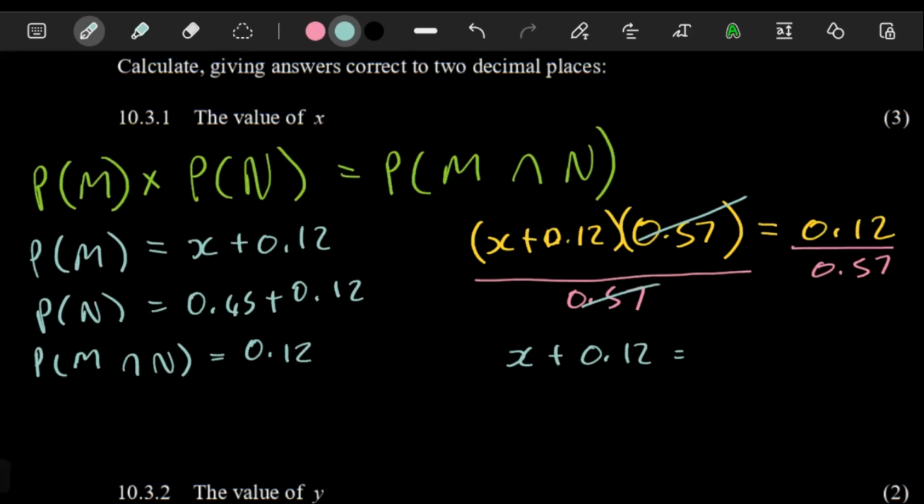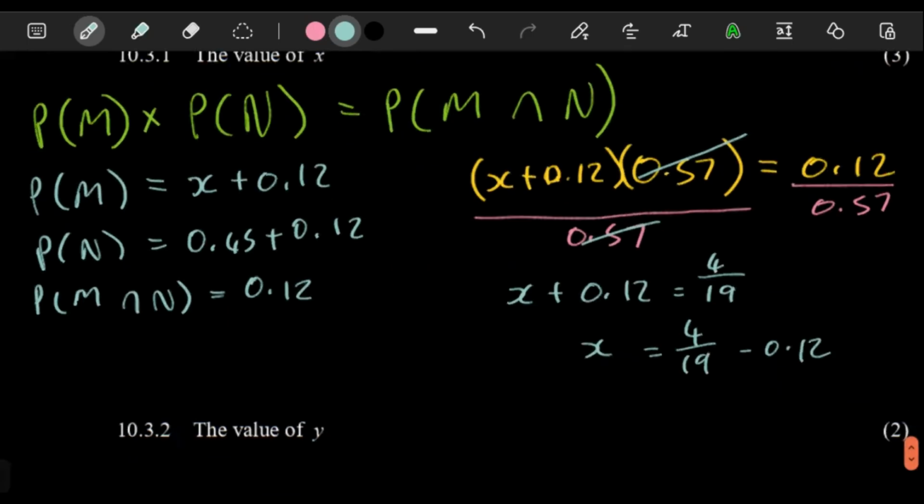I don't know why I didn't just put this as a decimal. I didn't because 4 divided by 19 as a decimal is a really long number, so we can just leave it as 4 over 19. We're going to remove the 0.12, and then we'll have our value of x.